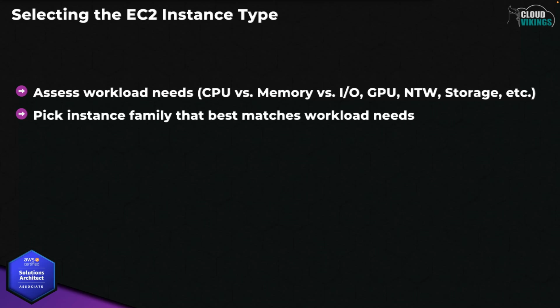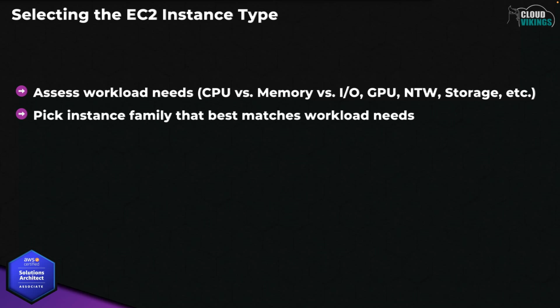If memory is more important, you'd go with one of those memory optimized R or X instances. If your app is really well-rounded and not really extreme in any one dimension, those general purpose M and T instances are likely best. For your disk I/O intensive tasks, the storage optimized category and the I and D instance family should be your pick there.